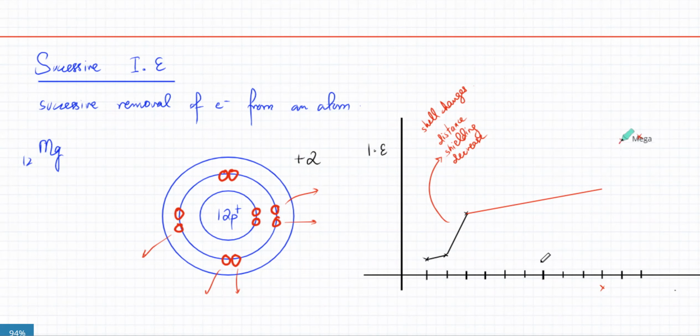So when you're trying to remove the last two electrons, there's going to be this jump once more. So this is 1, 2, ... 11th and 12th.